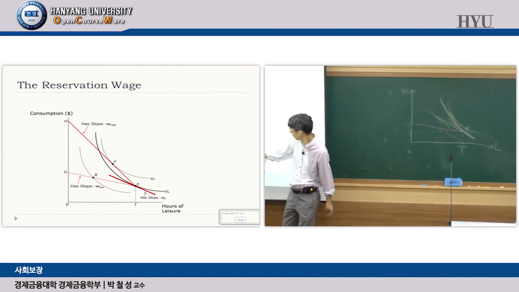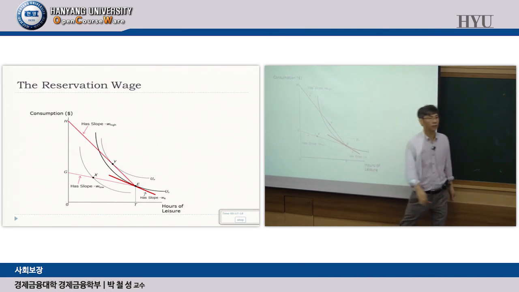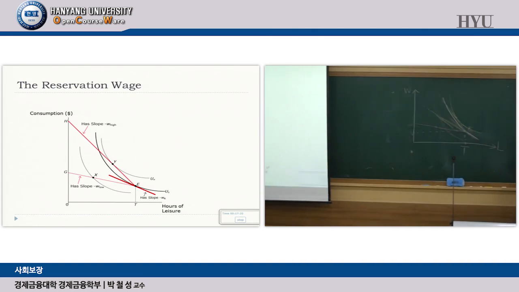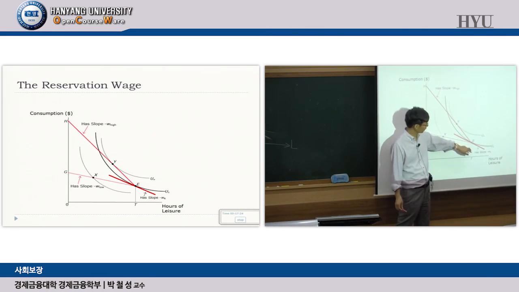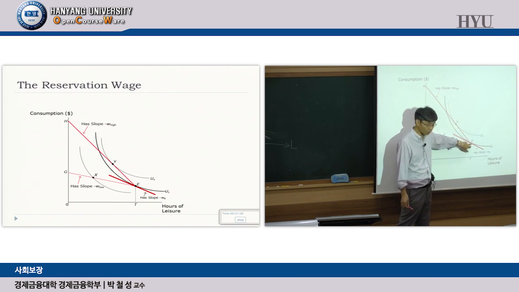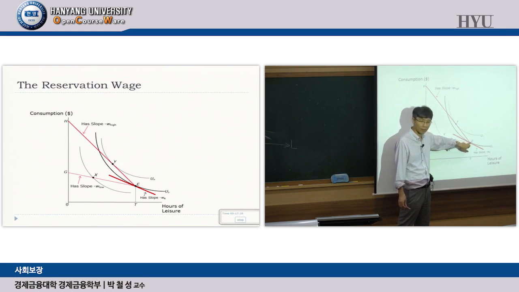In this diagram, it should be this thick red one. Why is the thick red one special? This thick red one touches point E. At this point, the slope of this thick red line is equal to the slope of the indifference curve at this point E.